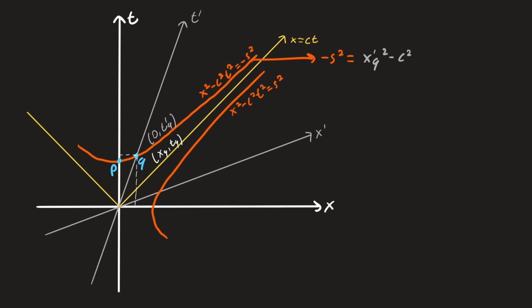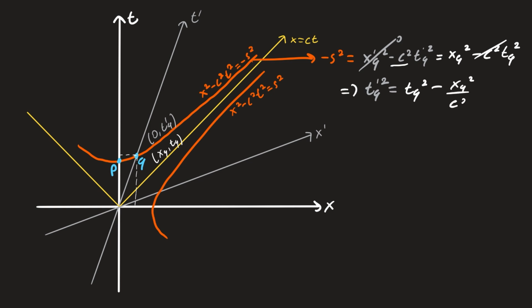For the primed observer, we have x prime q squared, which is going to be 0, minus c squared tq prime squared. This is equal to xq squared minus c squared tq squared. Well, let's go ahead and divide everything by minus c squared. That worked last time, so we get t prime q squared is equal to tq squared minus xq squared over c squared.